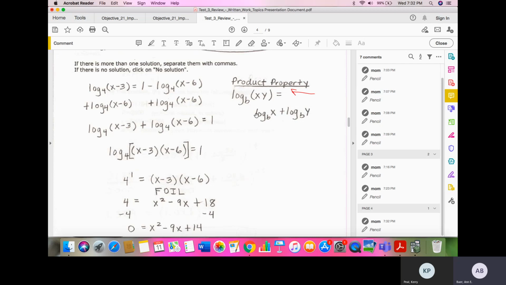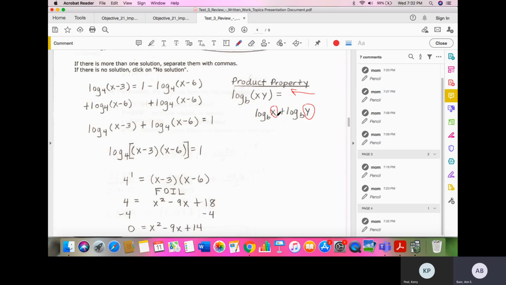Now, what is in the product? In the first log is this argument x, and in the second log is this argument y. And when we're combining into a single log, notice what goes in this argument here.